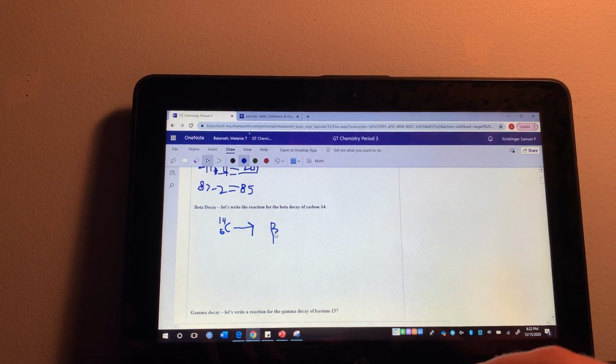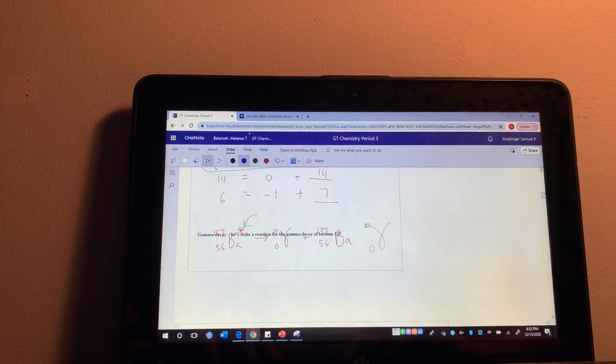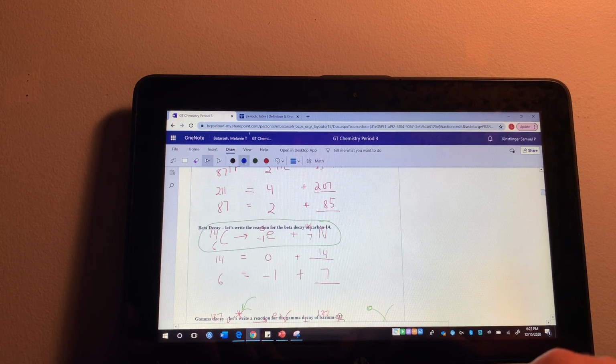Beta. And we know there's no mass somehow, but it has 1 proton. So plus what? Wait. Let's see if we go down. Here, I copied them there. We see that it's -1.